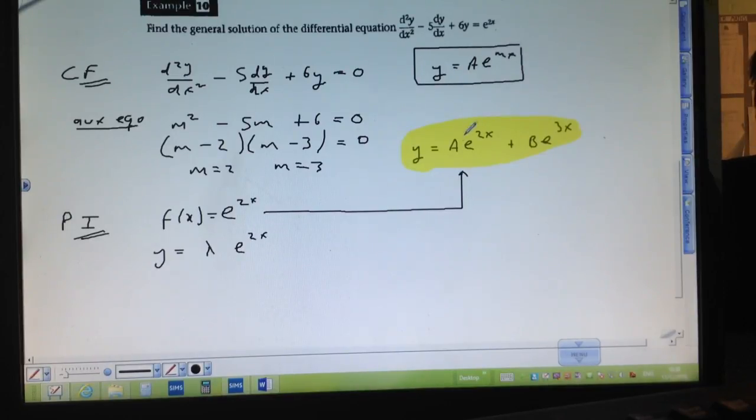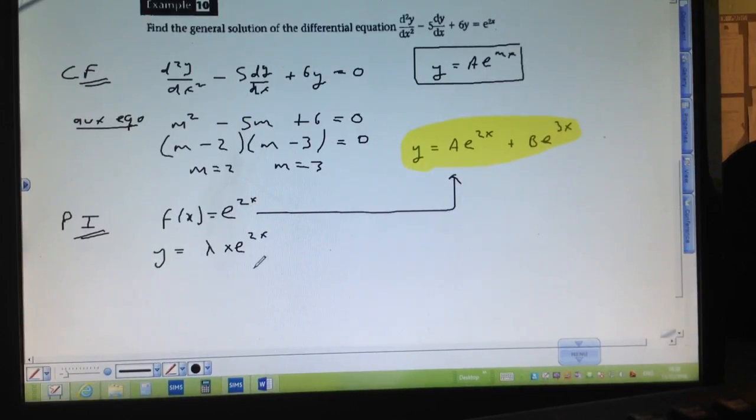If you've got the solution already within the complementary function, you're not going to get any more solutions because it's already eaten up by this A. So you have to try x times it. So be aware that if you've got the same one in there, then you try lambda x e to the 2x.